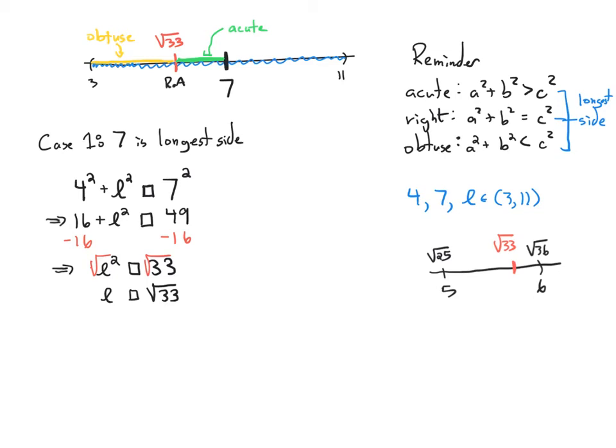Okay, I'm going to erase this over here just to make a little room. Now we have to do the second case where L is the longest side. And of course, there's no case where 4 is the longest side because we already have a side of length 7. So let's do case 2. In fact, maybe I'll erase this as well to give me even more room. So let's do case 2.